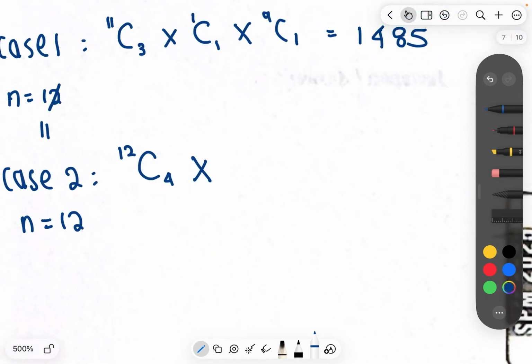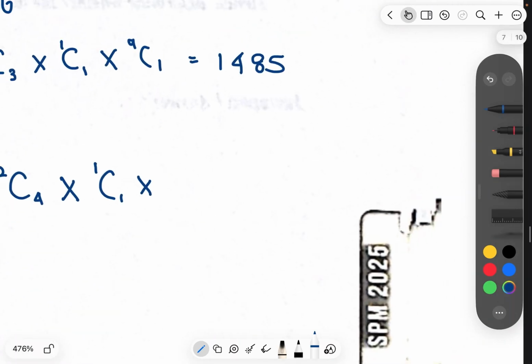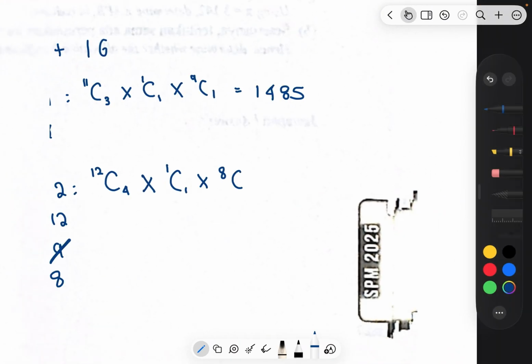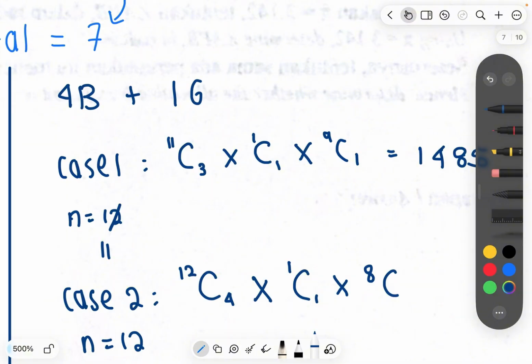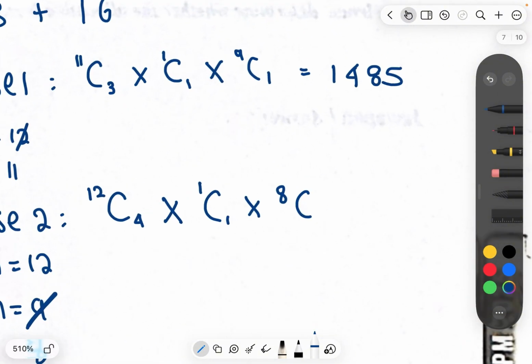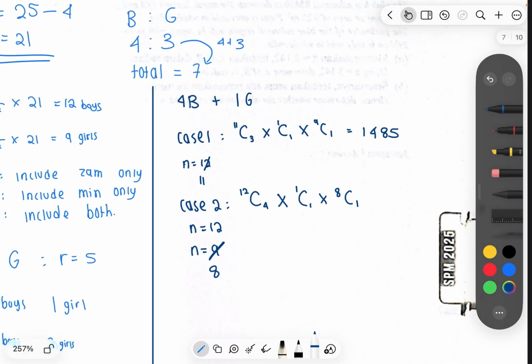So it would be 1C1 times, now girls is 9, I chose Min, so it becomes 8. So 8C1, because I want to choose 1.